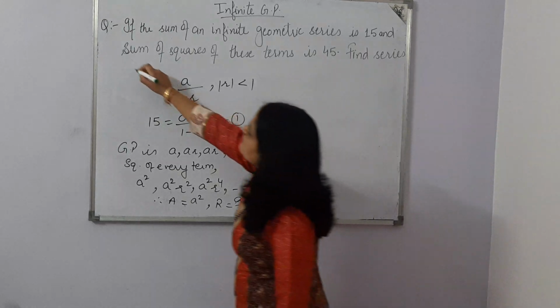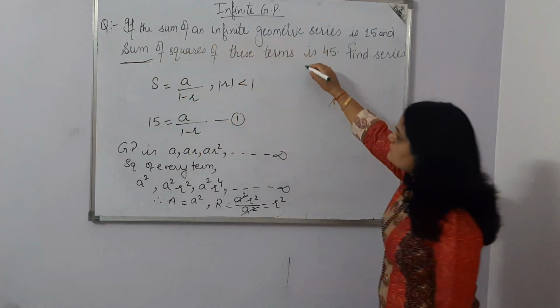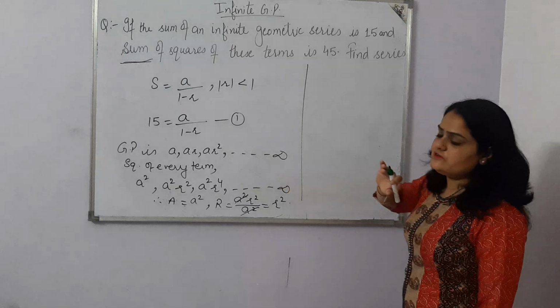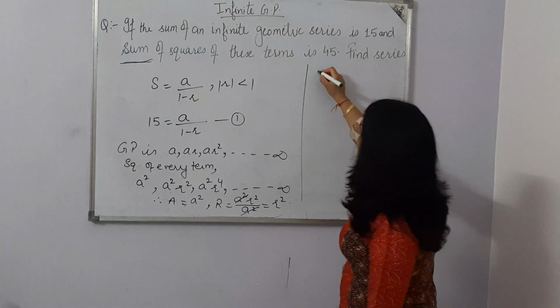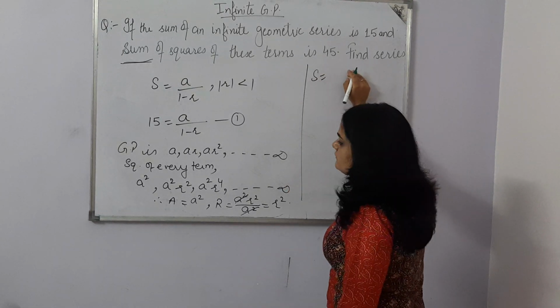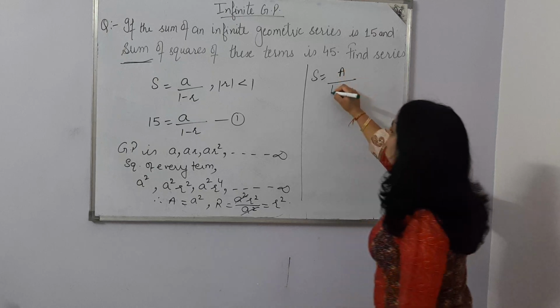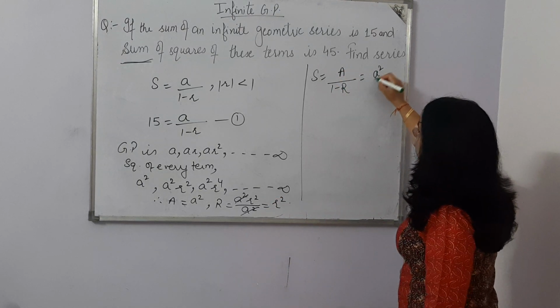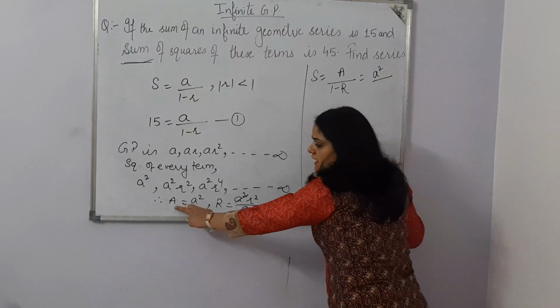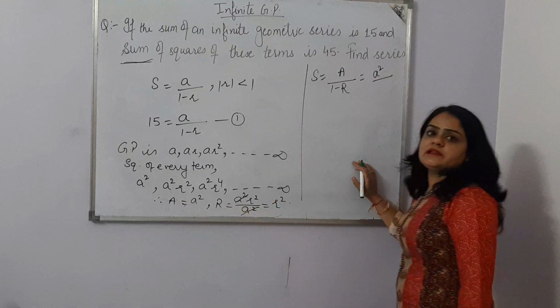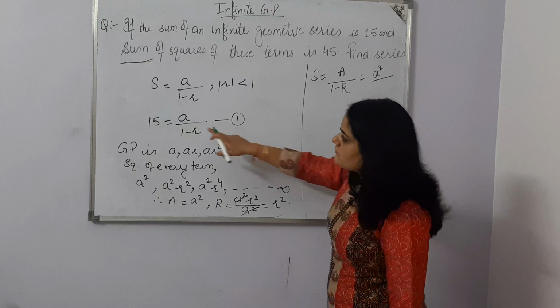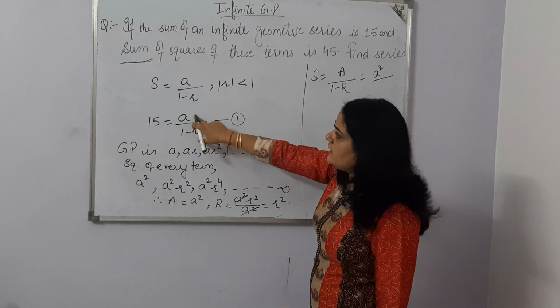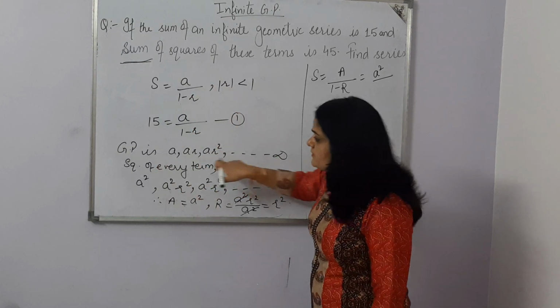Now the first term is a square and the common ratio is r square. Now we need its sum. So what is the formula? Of course this is an infinite GP, so the sum's formula is a upon 1 minus r. Here I am taking A as capital A and r as capital R, just because I have already taken small a for the simple series.